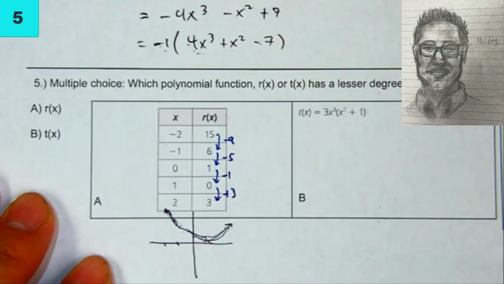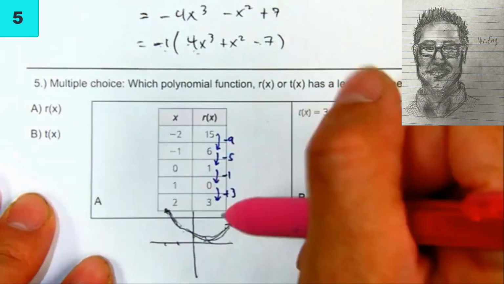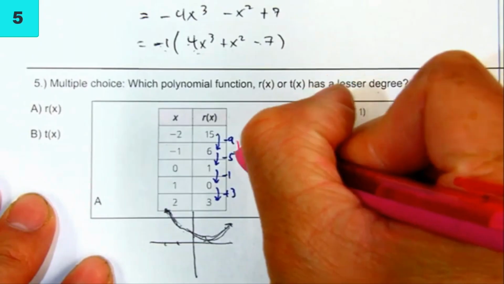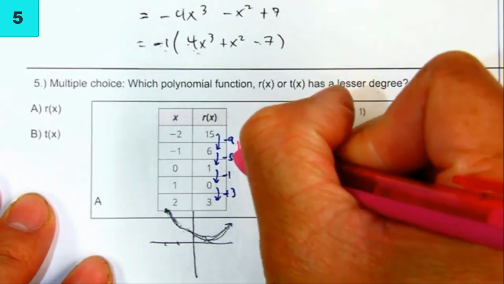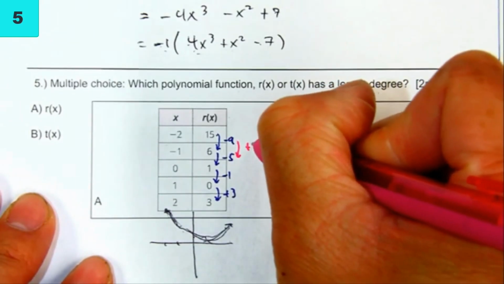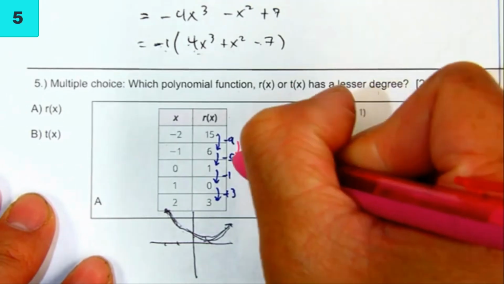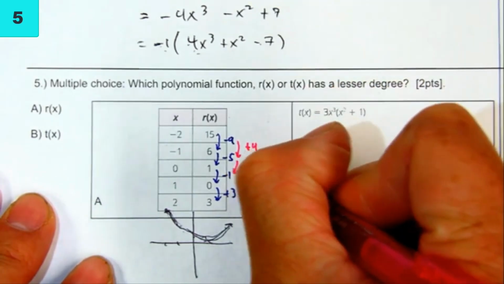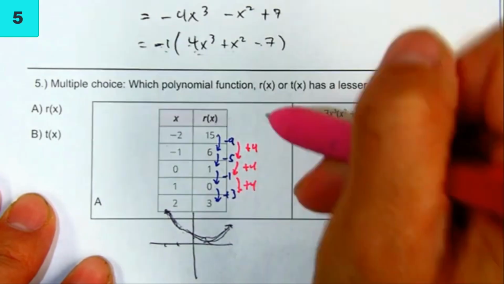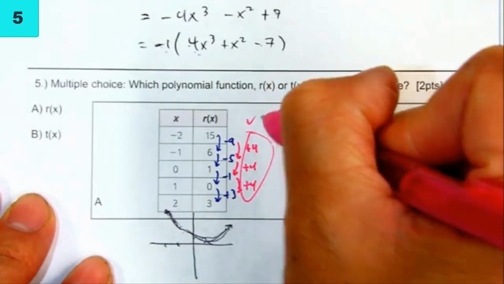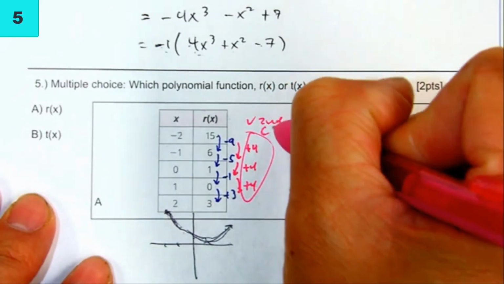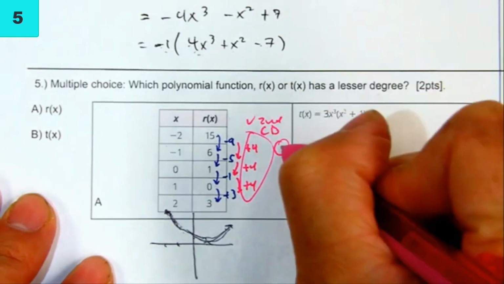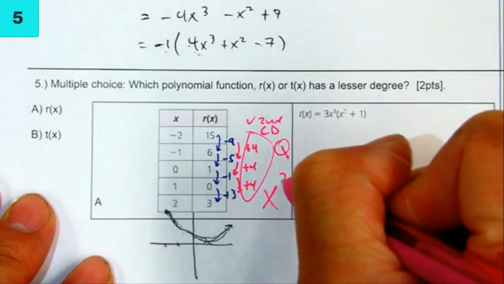If the differences were the same, then it would be linear, so it's not linear, so let's test now this one. -9 to -5 would be +4, -9 +4 gives me -5, +4 and +4. So this means it is a second common difference, which means it is a quadratic. If it's a quadratic, it means it's x to the second. So the degree here is 2.